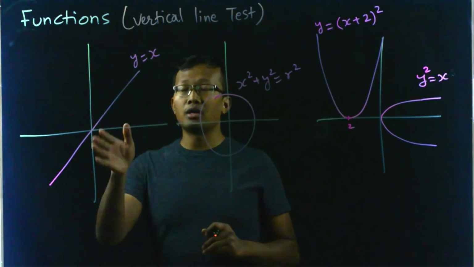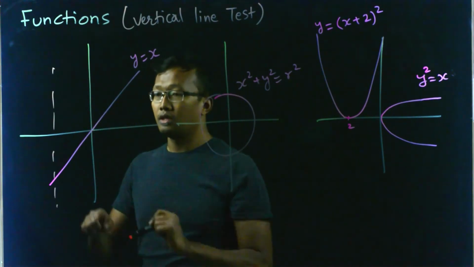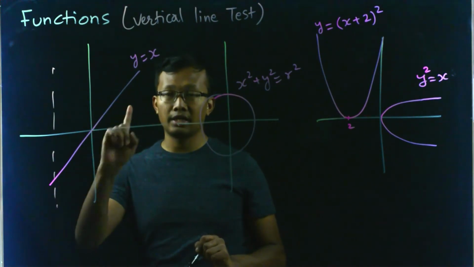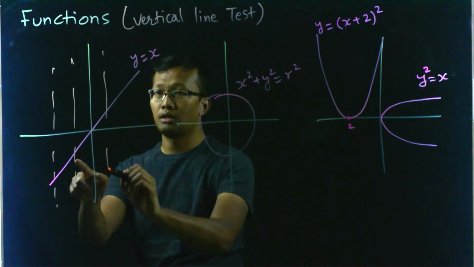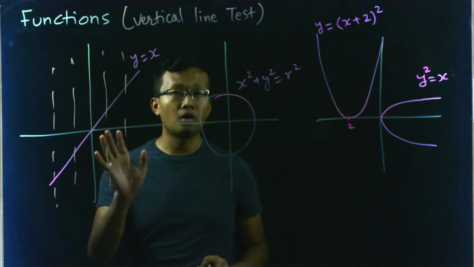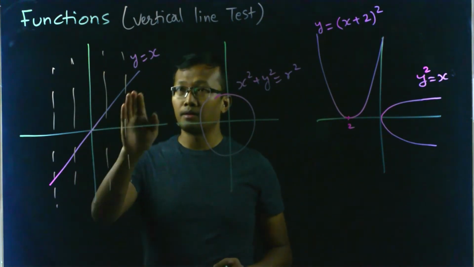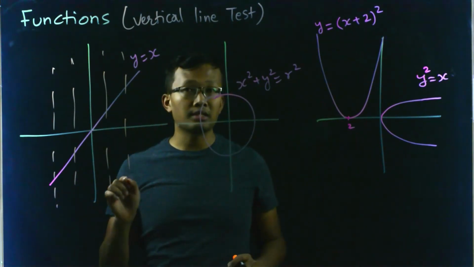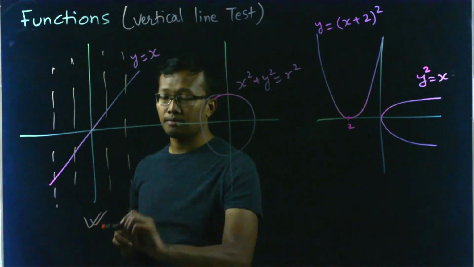Okay. Let's draw many vertical lines along it. The first vertical line touches exactly at one point. So no matter how many vertical lines you draw, the line y equals x intersects them at one and only one point. So this is a function.